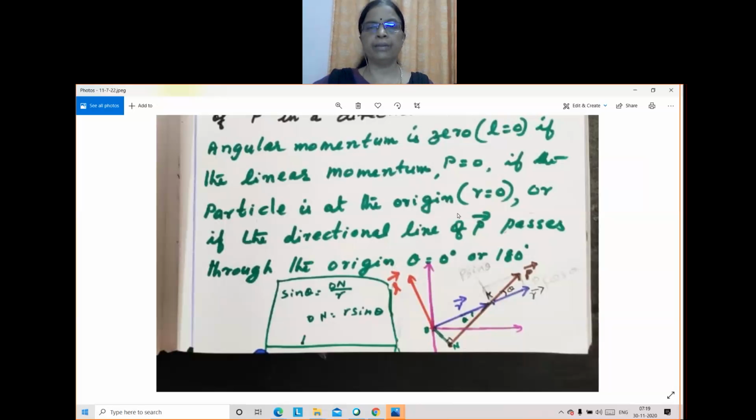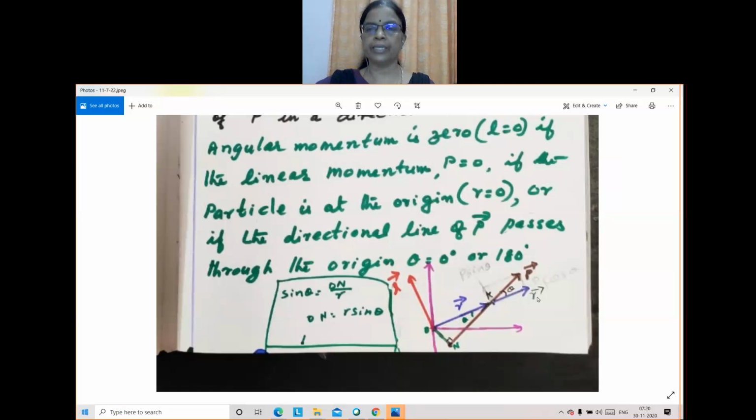So the cases are: when R is 0, when P is 0 (linear momentum is 0, not moving), and when theta is 0 or 180, that means P is acting along the same line as R or opposite to this direction.